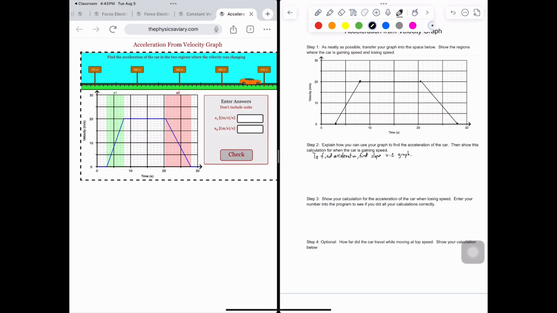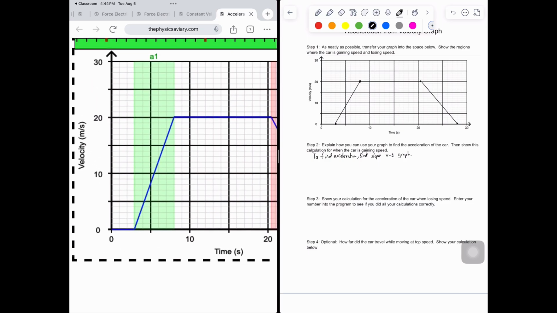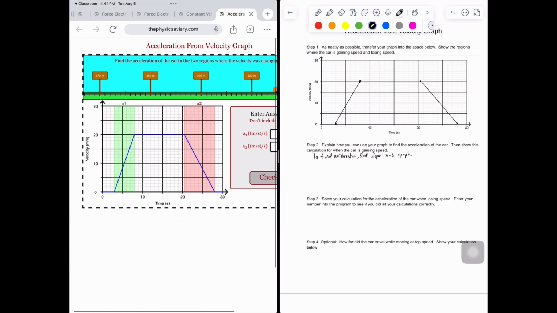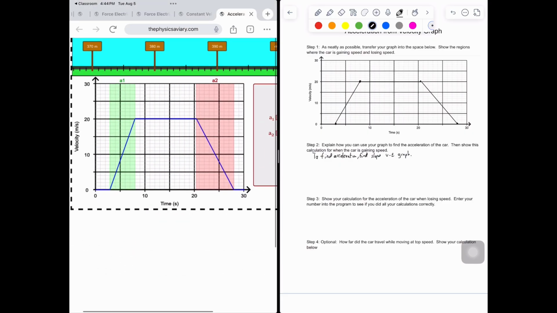We're going to find 3 slopes because there are 3 line segments. A1 is the first colored region over to the left, and A2 is the second colored region over to the right. A1 is when the car is speeding up, A2 is when the car is slowing down.